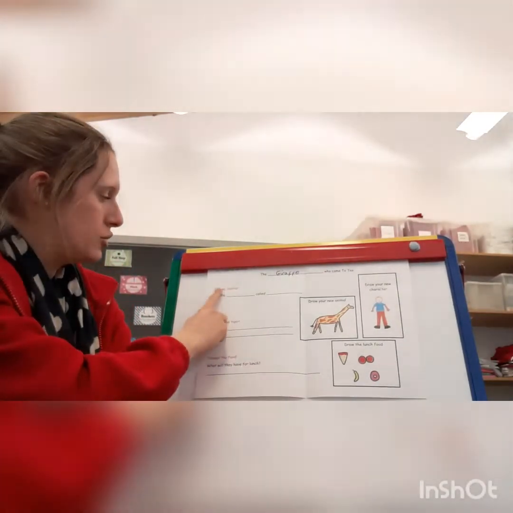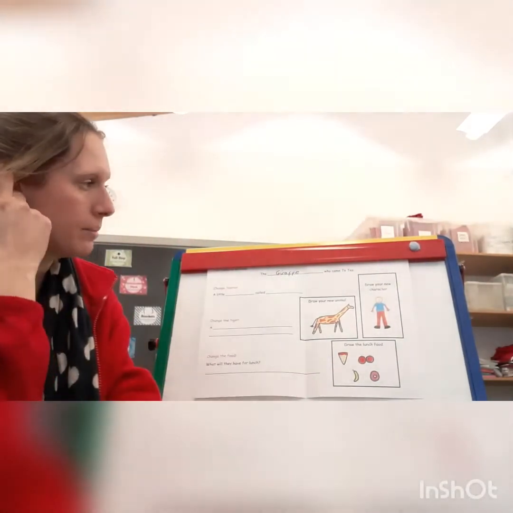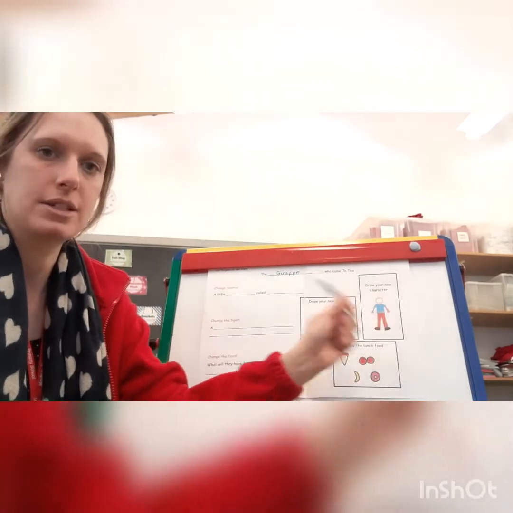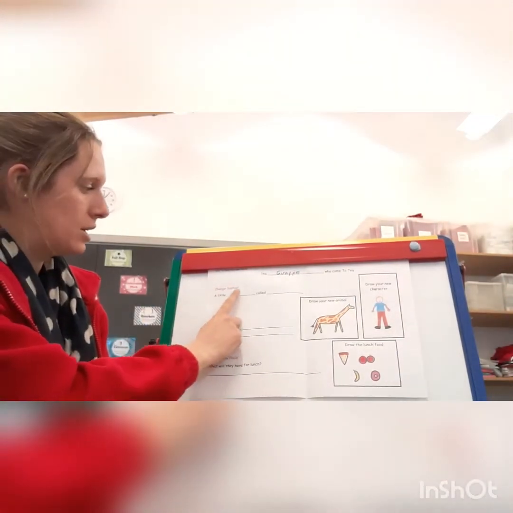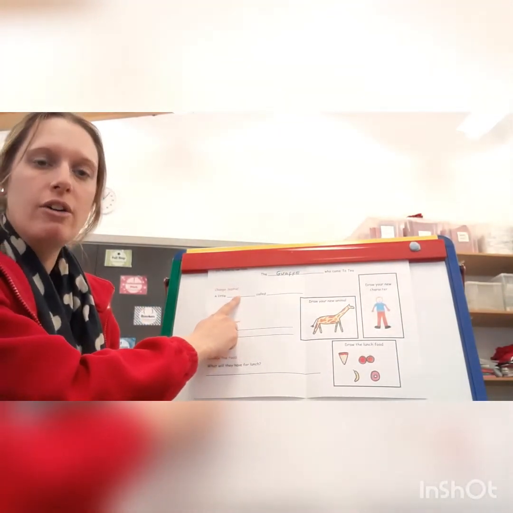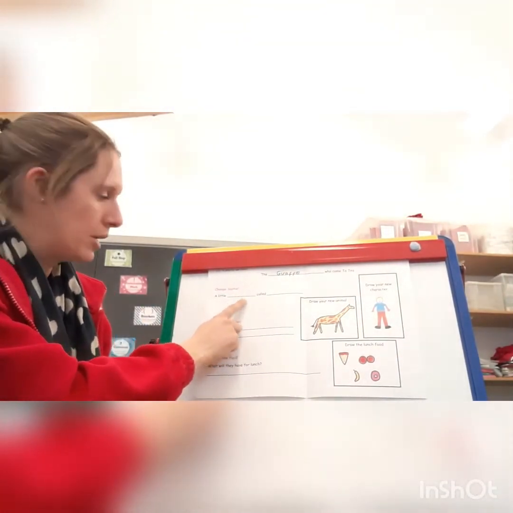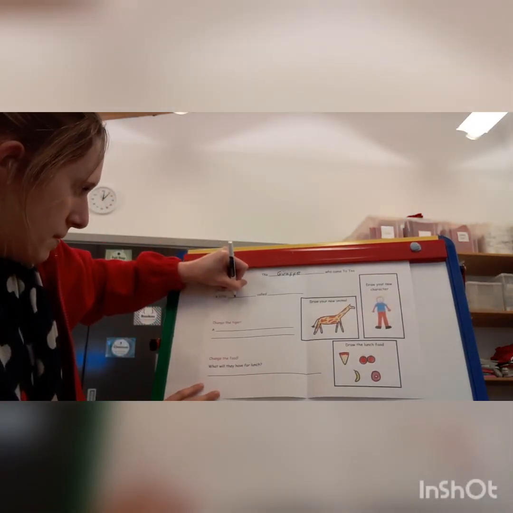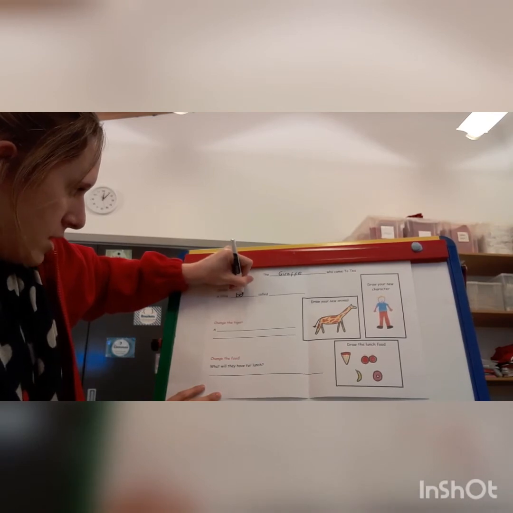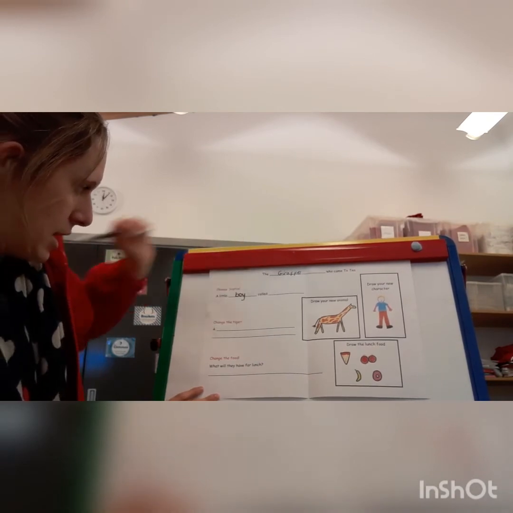Then we had to change Sophie. My new character is a little boy, and his name is Sam. If your character is a girl, on that line you are going to write girl. So a little boy, so boy. You're going to use your phonics to sound it out.